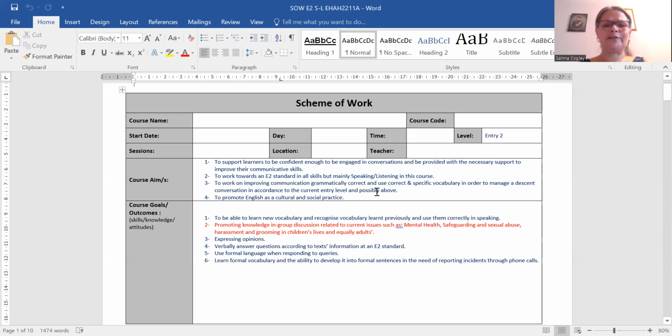because that will put the learners off, and to use correct and specific vocabulary in order to manage a decent conversation in accordance with the current entry level and possibly above. The last aim is to promote English as a cultural and social practice.